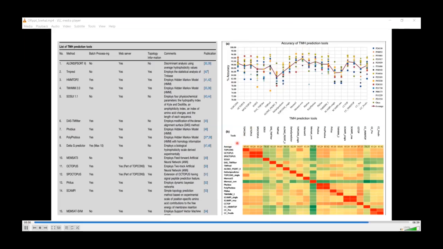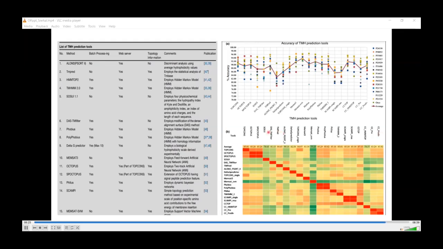Then in the second approach, we compared the predictions from one tool to the predictions from all the other tools. The idea behind this was that if there is one tool that fits well with predictions from most of the other tools, it might be more representative of what the transmembrane helix predictions look like.